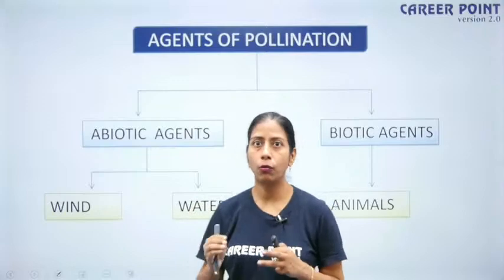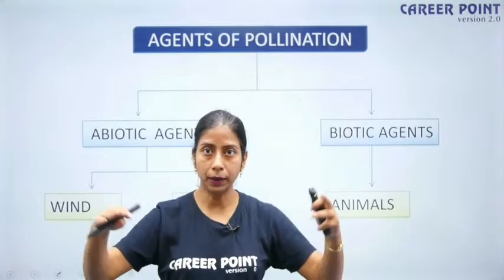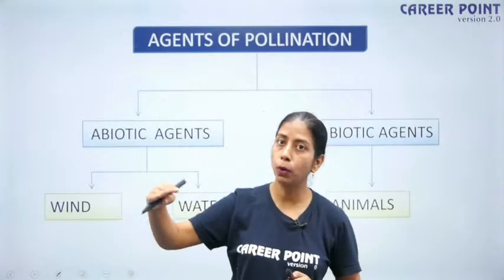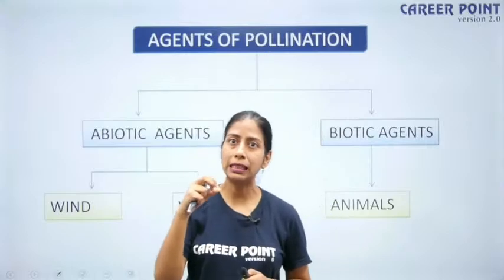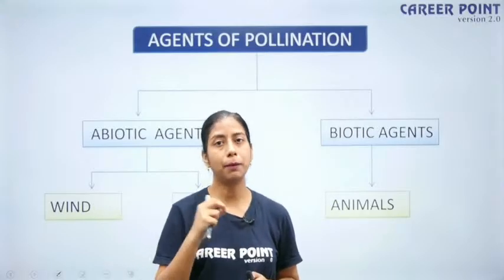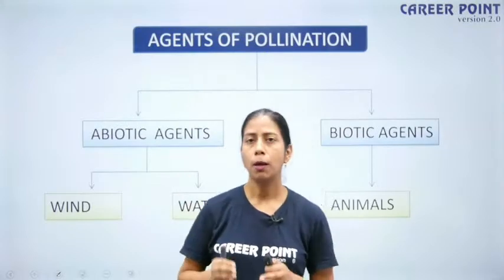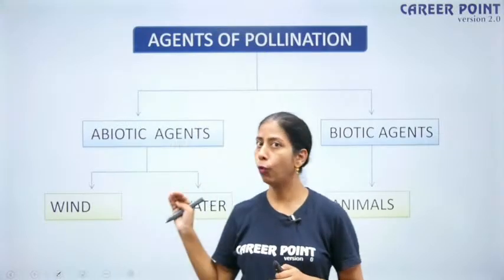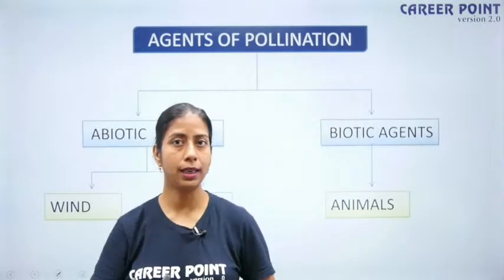So here the pollen grains are released into the water, और water current उस pollen grains को कार्पेल के पास लेके जाते हैं, and those pollen grains then stick to the stigma of the carpel and help in the process of pollination. बहुत कम plants हैं जो water से pollinate होते हैं, but still water is a pollinating agent.